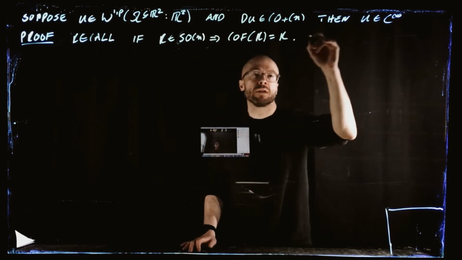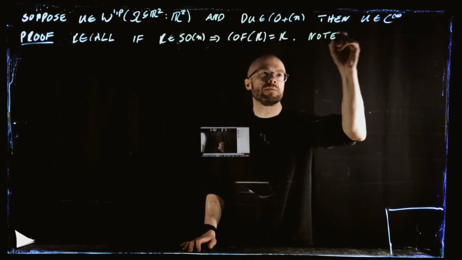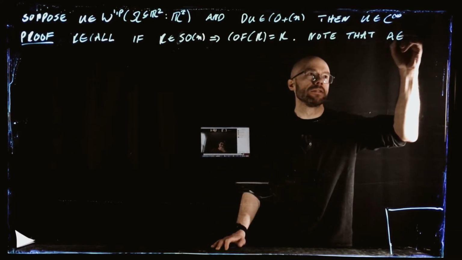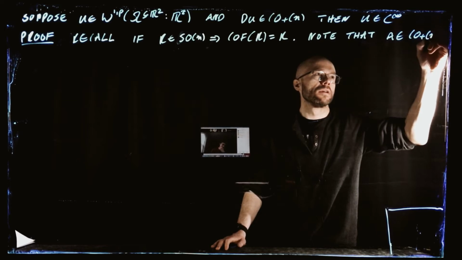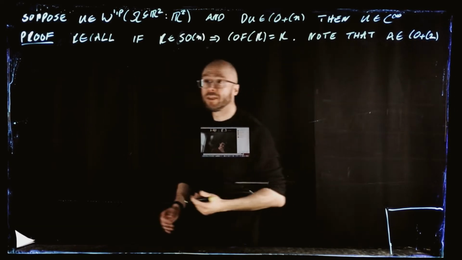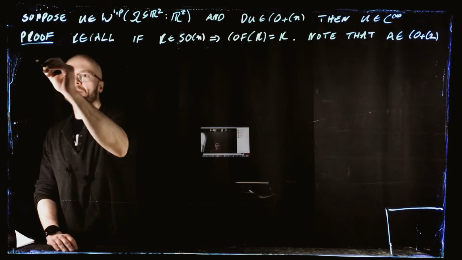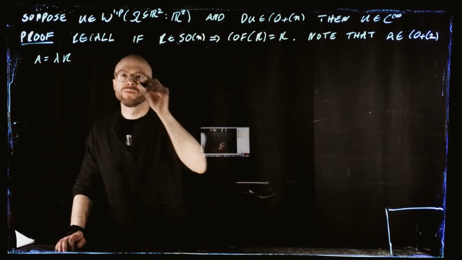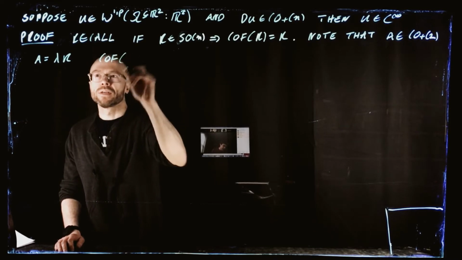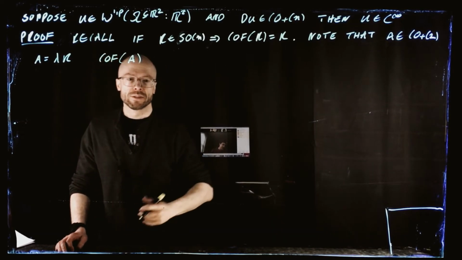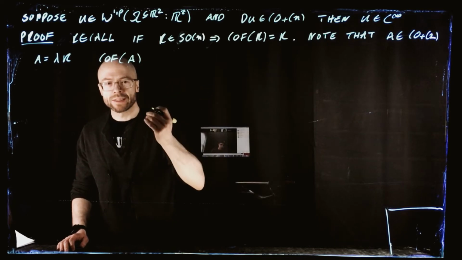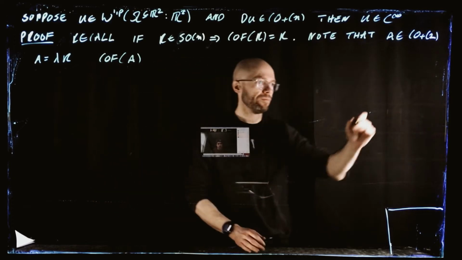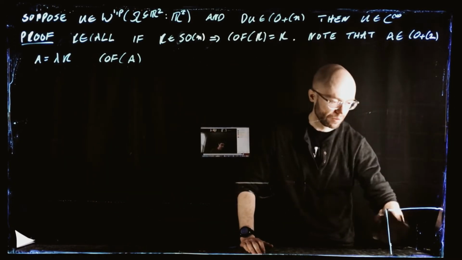But note that if we have a matrix A inside the two-dimensional conformal matrices, then the same thing is true, because A is equal to lambda times a rotation, right? And then the cofactor matrix of A allows us to extract out this lambda.